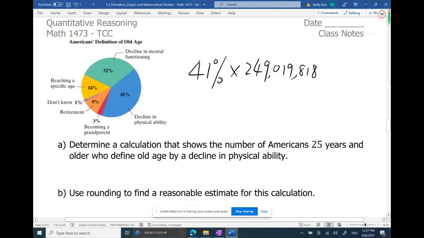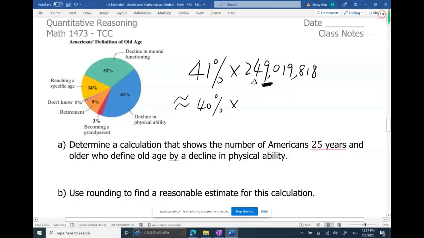So firstly, 41%, I would round it to 40%, very convenient, right? And the population is a very inconvenient number. But as you can see, it is pretty reasonable to round 9,019,818, because 9 million is very close to 10 million. So very reasonable to round the 9 million up to 10 million and add the 10 million on top of the 240 million.